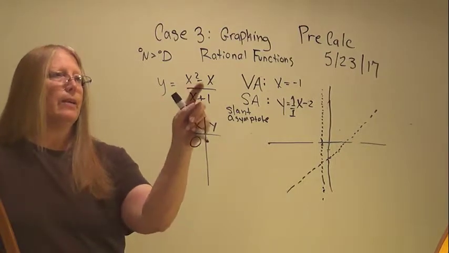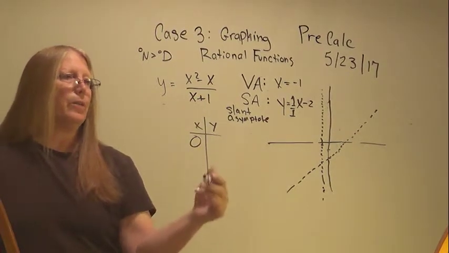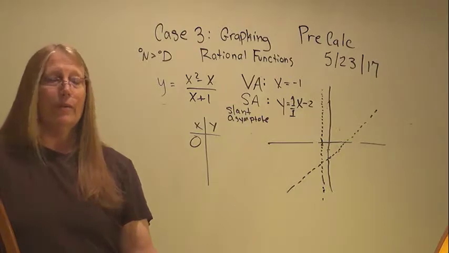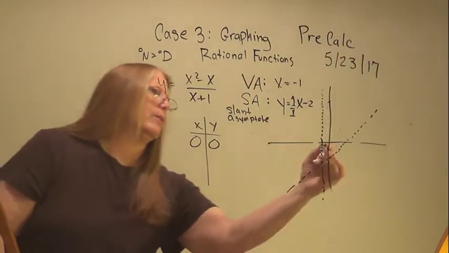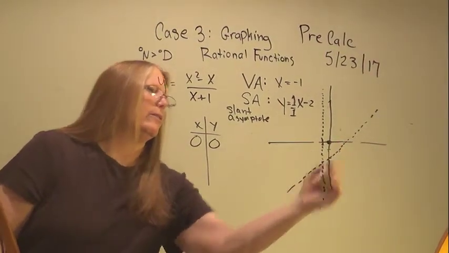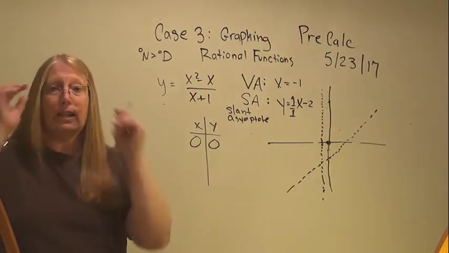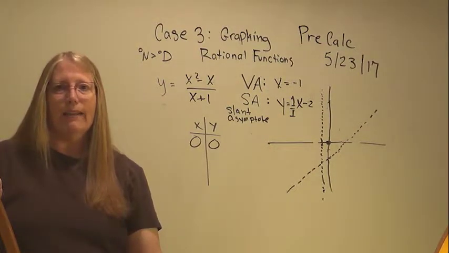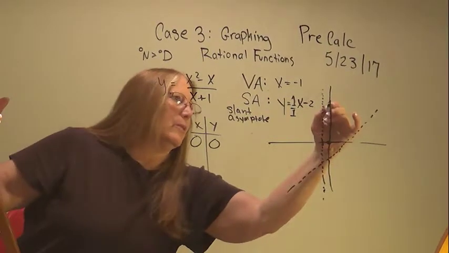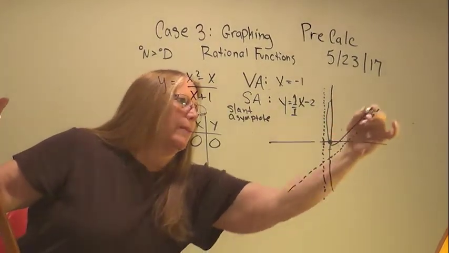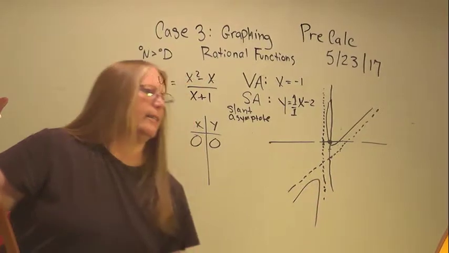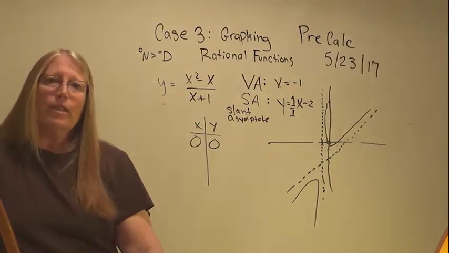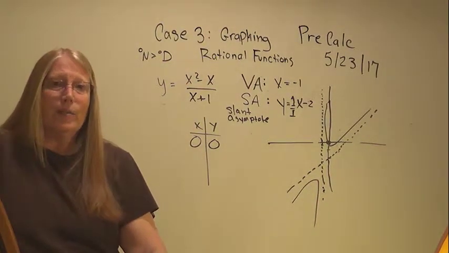So when I put 0 minus 0 over 0 plus 1, I get 0 over 1, which is 0. So I know this point is on the graph. Do you see that's enough to tell me which pair of slashes we have? So that means we have this pair. It's going to grab that and that. And that is a very general sketch, but that's all I want.